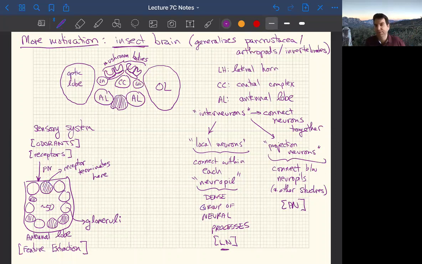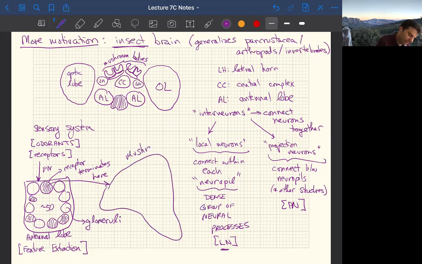There are people here at ASU that do this in ISTB1. Before COVID, they were sitting in a lab, opening a bee up in a harness, puffing odors across it and watching these things light up. Each one of these glomeruli is then projected to the mushroom body.